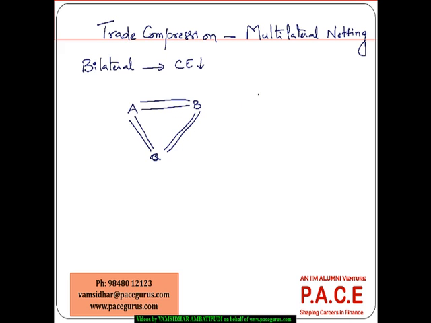Rather than that, we can look at a mechanism where a trilateral netting occurs, A to B, B to C. There could be a centralized counterparty, whatever it is, but there could be a multilateral netting for 3 or more institutions, which can simplify the netting process altogether.